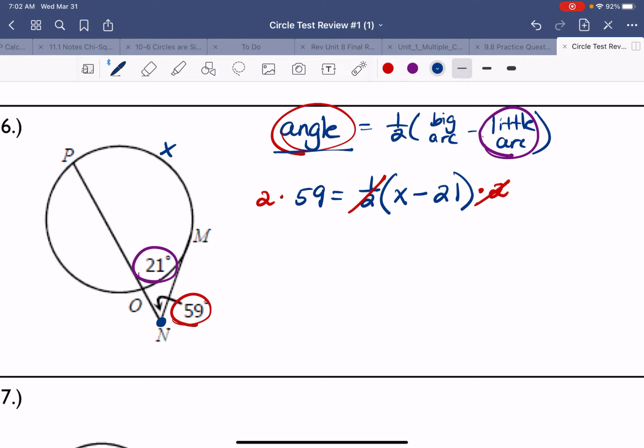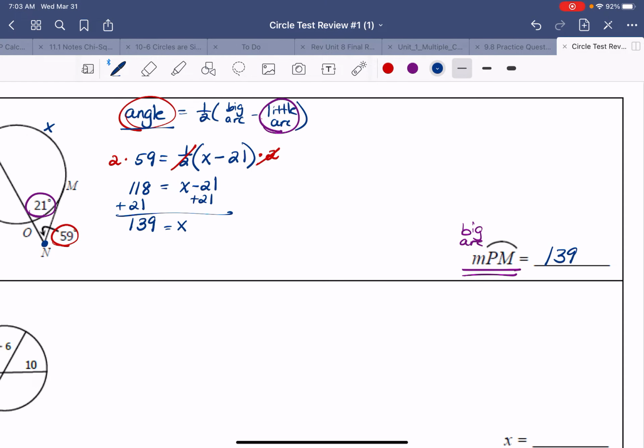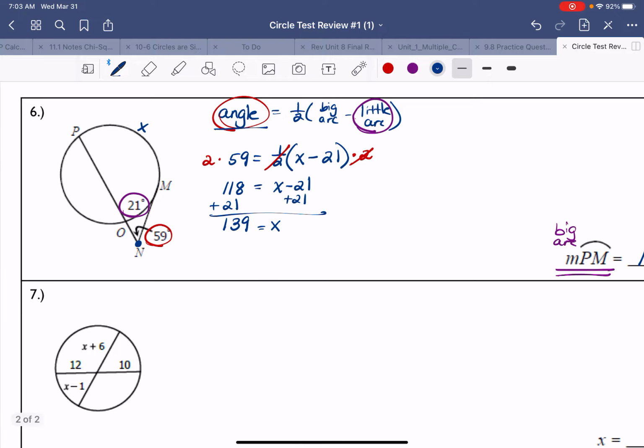So now I have 2 times 59 is 118, and that's equal to X minus 21. So I'm going to add 21 to both sides. So X is equal to, let's see, 118 plus 21 is 139. So 139 is our answer for this one.